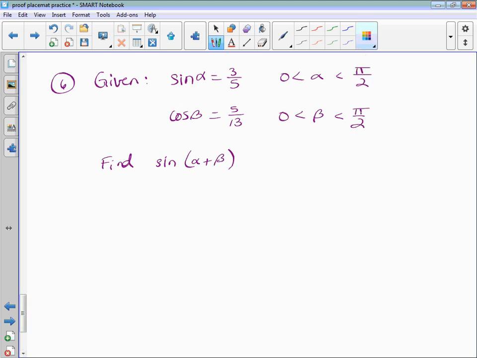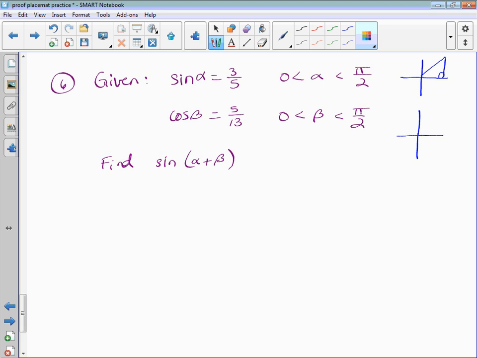So I'm going to draw a little triangle up here in a coordinate grid for alpha, and then I'm going to draw another one for beta. So remember, alpha is just your angle. I'm telling you it's somewhere in between 0 and pi over 2. So what quadrant is that? First. So we're drawing a little right triangle in the first quadrant, just like you did in Unit 1.